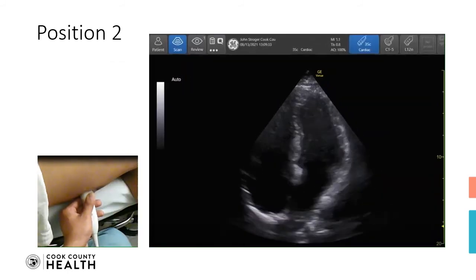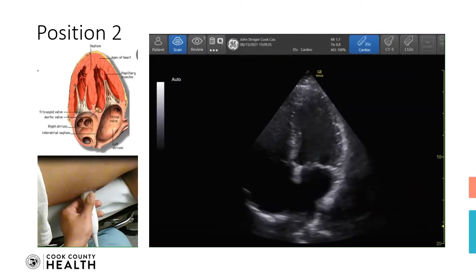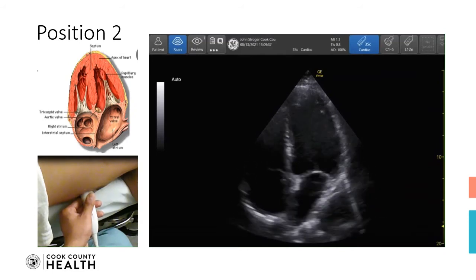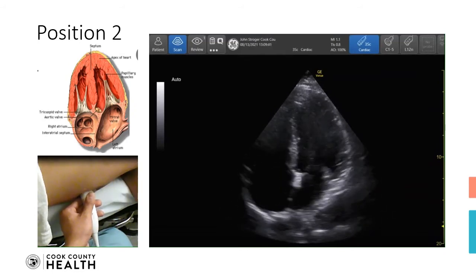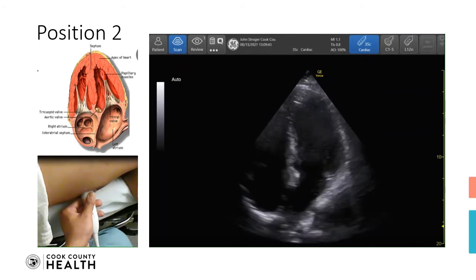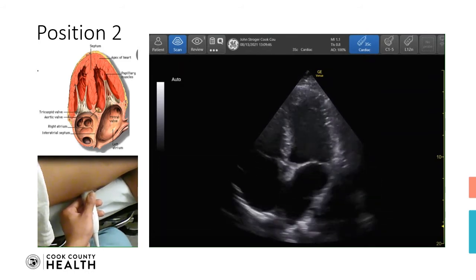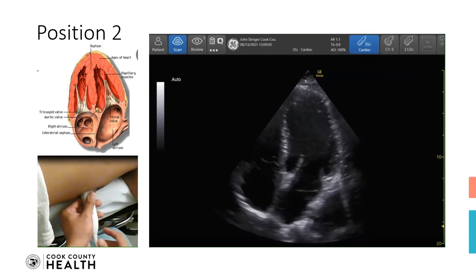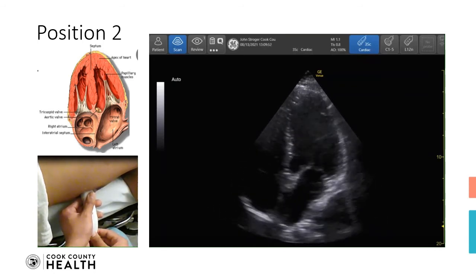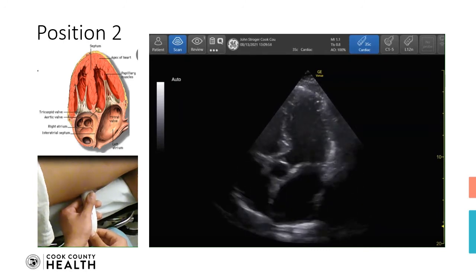On the 4-chamber view of the heart again, here we have the vertical axis of the ventricle, straight vertical 90 degrees to the probe, and tilting of the probe will bring other structures into view.